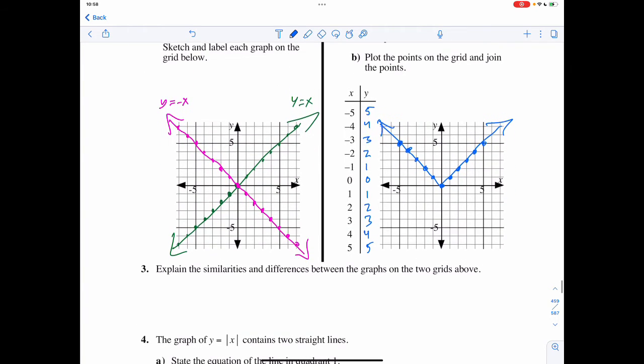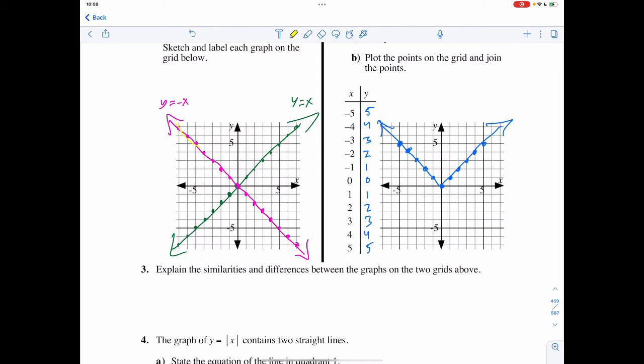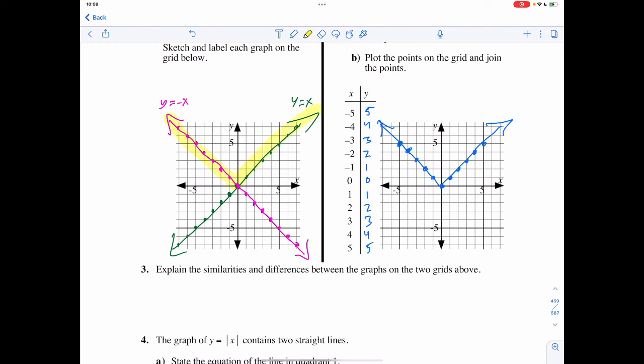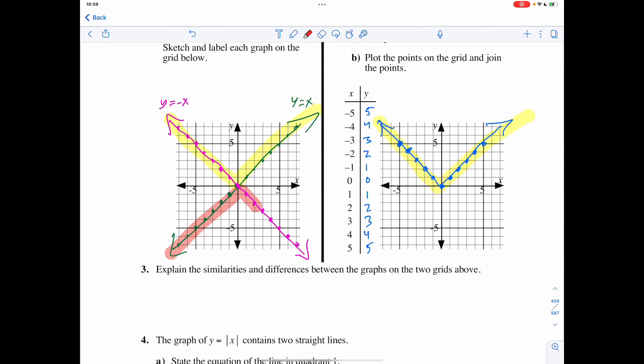Now, when it says, what are the similarities and differences? Well, I can see that these graphs look the same anytime that y is positive. I can see that they look different, or in this case it's just non-existent, when y is negative, which would make sense because the absolute value always has to be a positive.